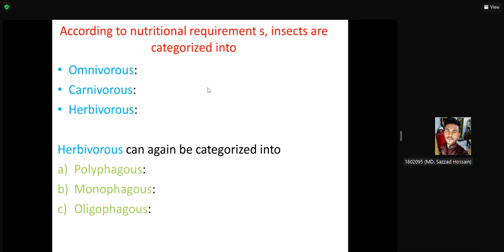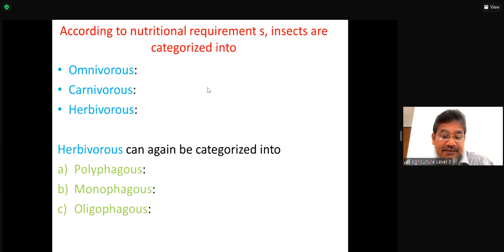Carnivorous insects feed on other animals; they live on animal food. They do not take plants as food. They survive on other animals, and other insects can also be food for them. So it is called carnivorous.